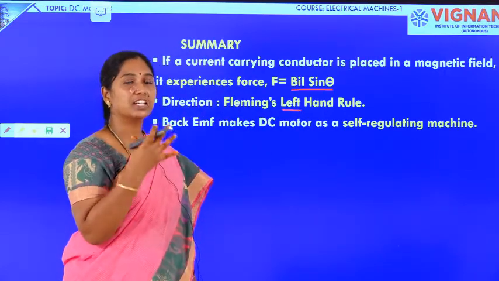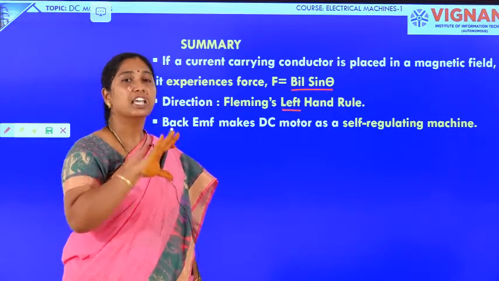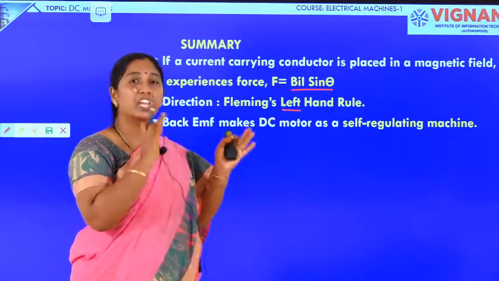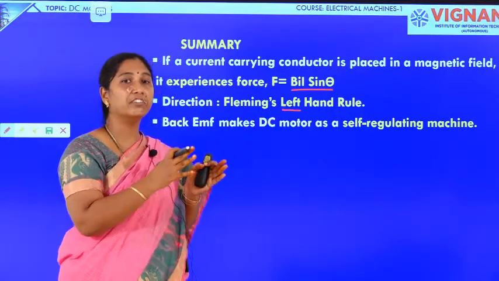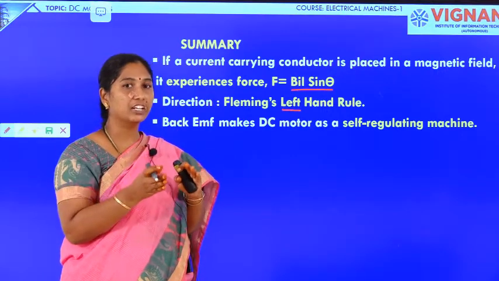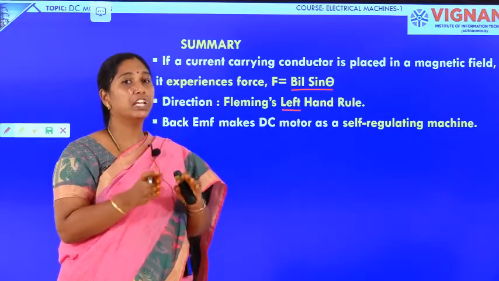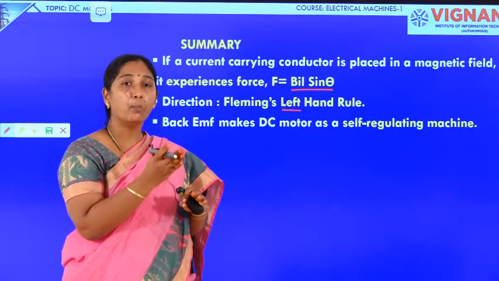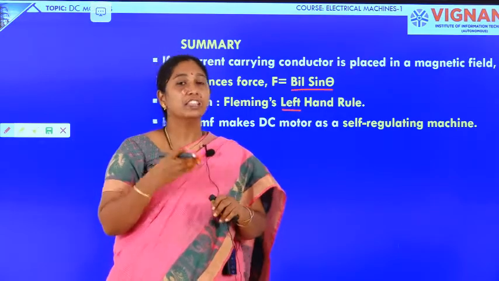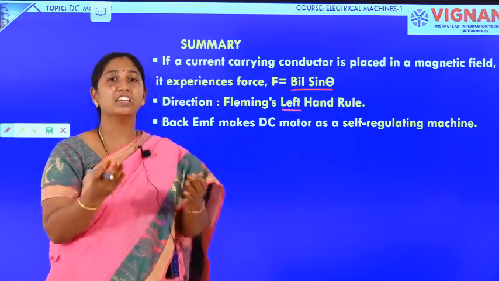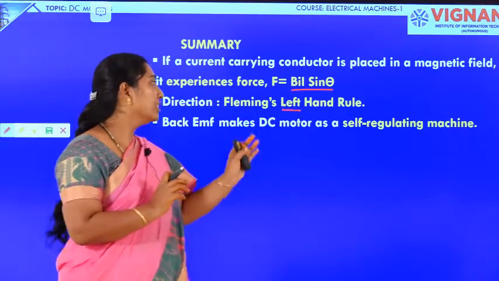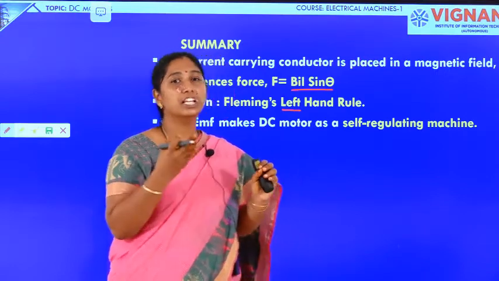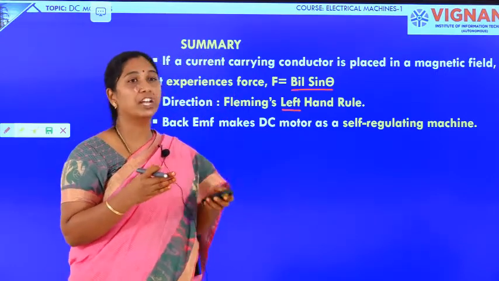Because of this force developed on the armature conductors, the armature starts to rotate, and due to the changing magnetic flux of the main field linking with the armature conductors, an EMF will be induced in the armature conductors. This induced EMF will oppose the cause of its production, that is nothing but the DC supply given to the armature. Therefore, this is called back EMF, and it makes the DC motor a self-regulating machine.